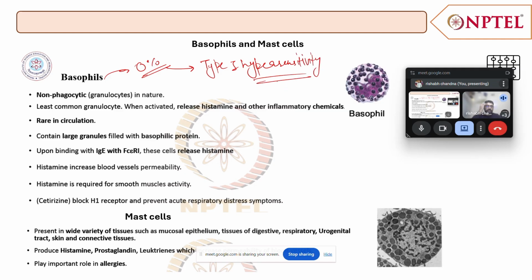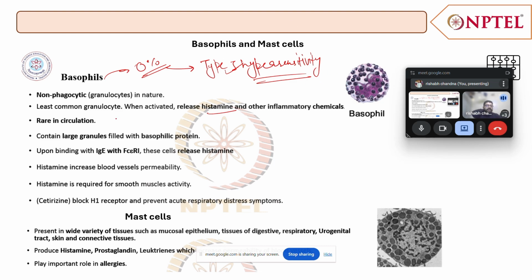They have a major role along with mast cells in type 1 hypersensitivity reactions. And when activated, these release histamines and other inflammatory chemicals into the blood.